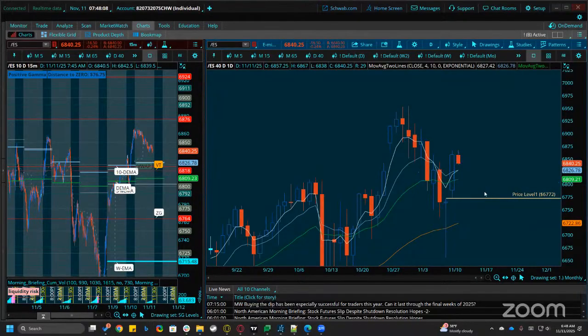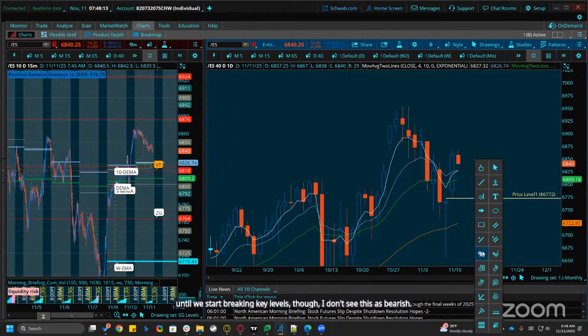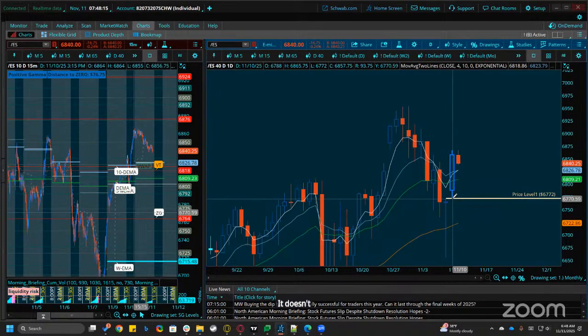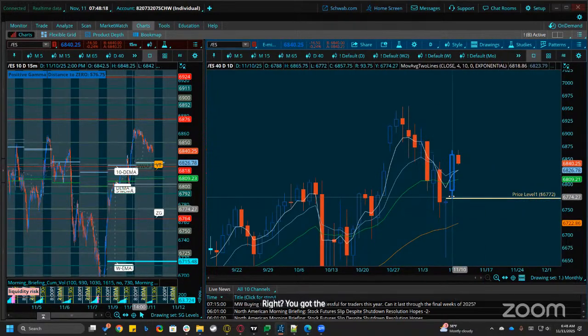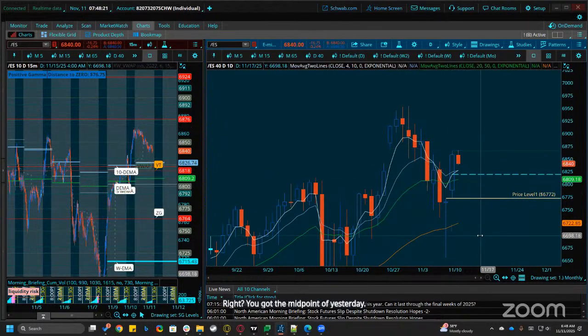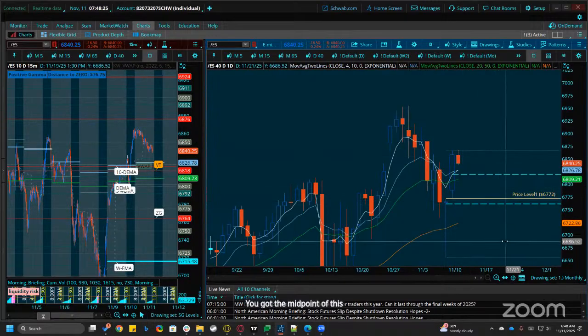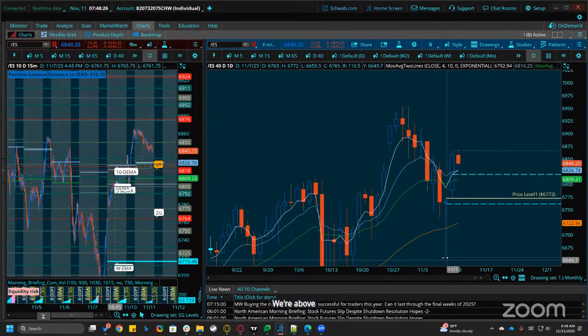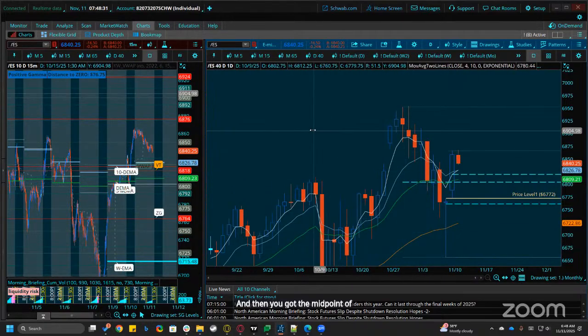Until we start breaking key levels, though, I don't see this as bearish. It doesn't have anything bearish for us, right? You got the midpoint of yesterday, and we're above it. You got the midpoint of this whole run, and we're above that. And then you got the midpoint of that whole run, and we're above that.